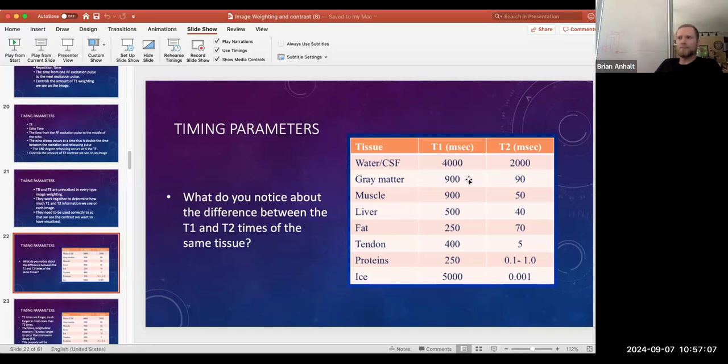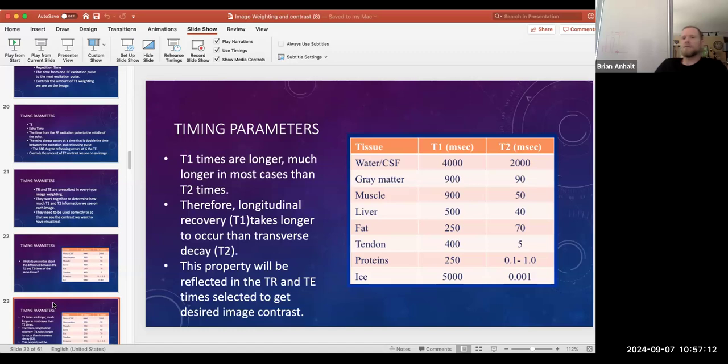Y'all agree? T1 times are much longer in most cases than T2 times. Therefore, longitudinal recovery, T1 recovery, takes longer to occur than transverse decay, or T2 decay. This property will be reflected in the TR and TE times selected to get the desired contrast of an image.